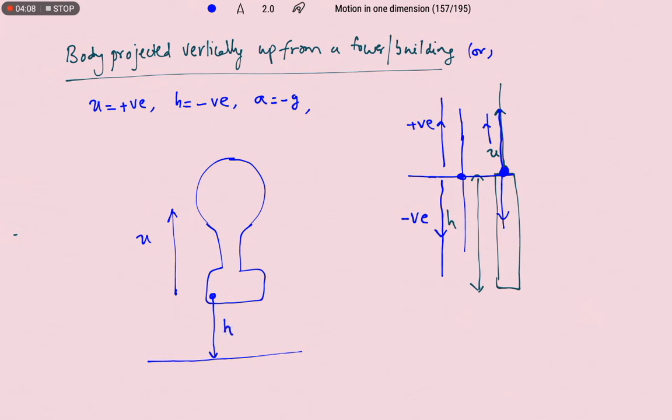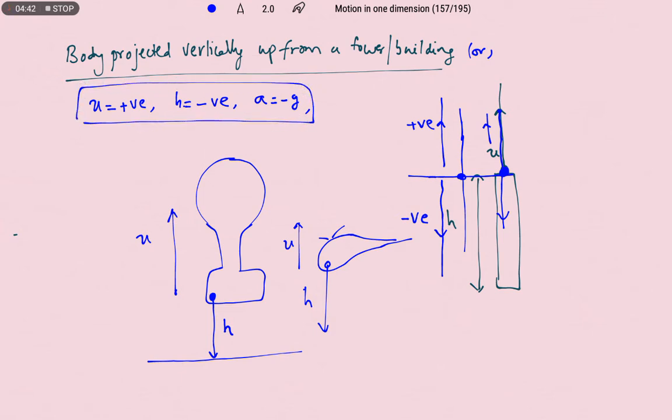This can be considered the same kind of motion as an object projected from the top of a tower. It is also similar to when an object is dropped from a helicopter which is rising with a constant velocity vertically upwards. These all three cases are similar. In all the cases we need to apply the same sign conventions, and the approach will be similar.